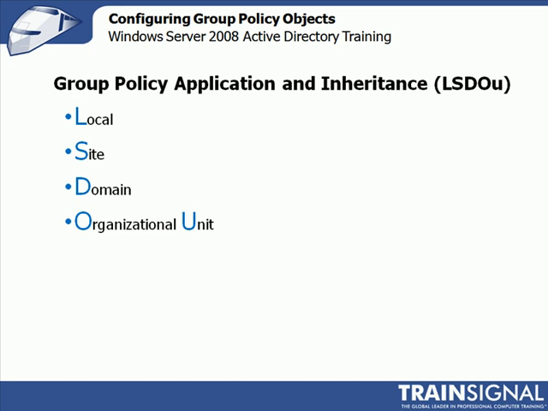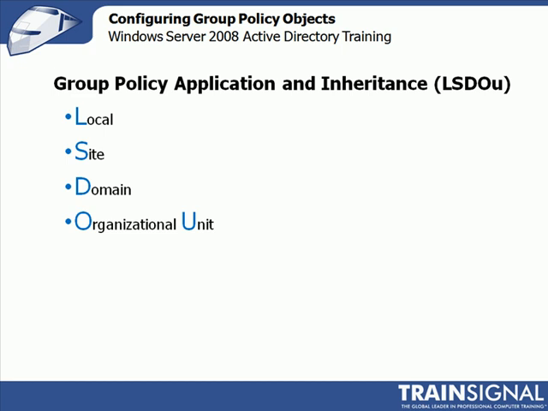After those settings have applied, it will then look to see, based upon what site the computer is in, if there are any group policy objects linked to that site, and if there are any user-based settings on that group policy object, and if so, it will then apply those.